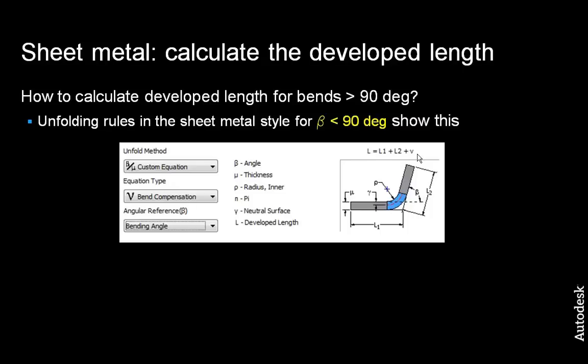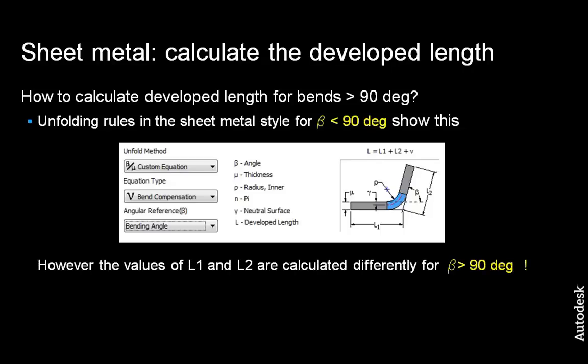We show you the developed length formula even here on top. So a good start, but it doesn't tell the whole story. The values of L1 and L2 that you see here and here are calculated differently for a beta larger than 90 degrees.